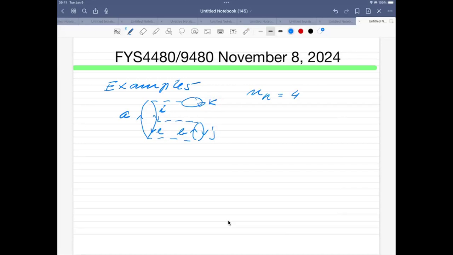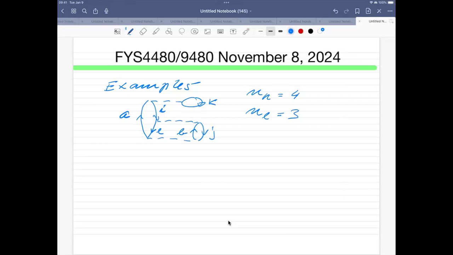Then, looking at the number of closed loops, we have one closed loop which comes from this term here, and another closed loop which comes from this term. When looking at closed loops, we need to look at loops which start at one vertex and end at one vertex. So in this case we have one more closed loop, represented by this term, and the number of loops is equal to 3.